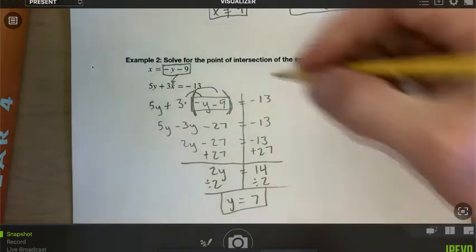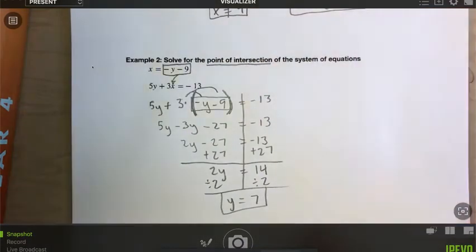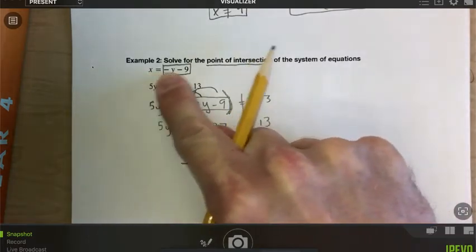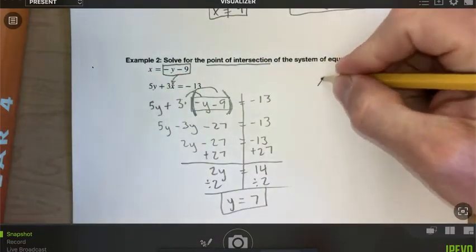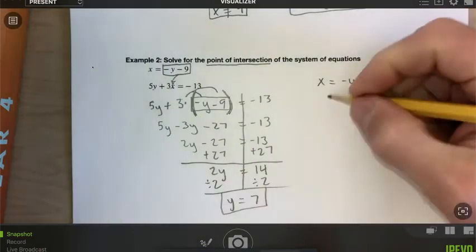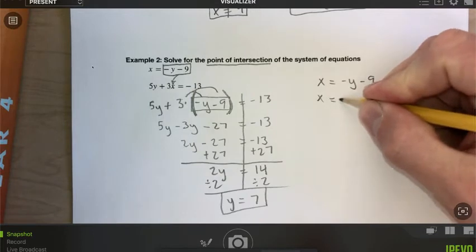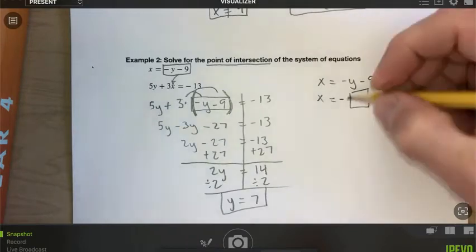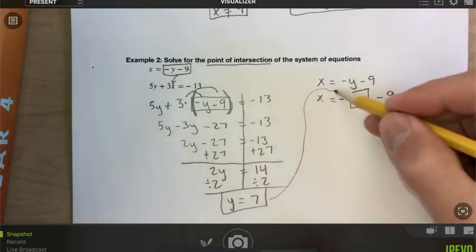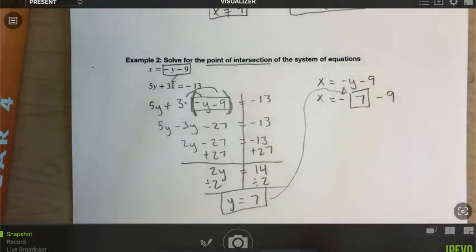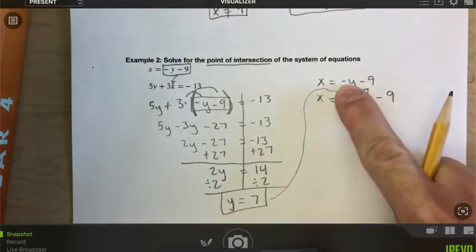Cool. And so once again, I'm looking for a point of intersection. And so going back, notice how this first equation is x equals. So I'm going to put x equals negative y minus 9. Or, now that I know what y is, all right, this looks kind of weird because I just had this negative in front.